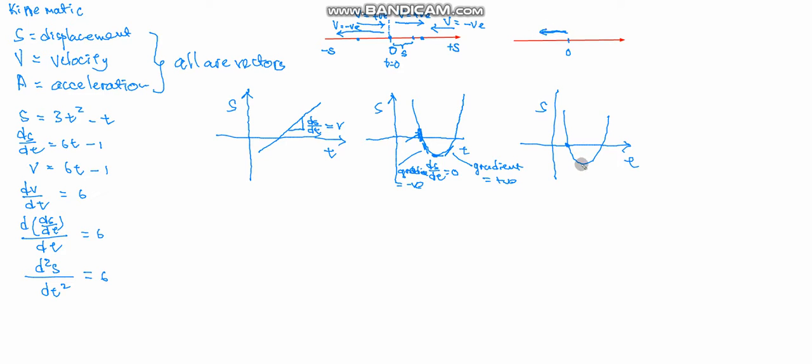Then by the time we reach here, the maximum distance, s becomes less. That means it's coming back again. By the time we reach here, it just passed the 0 point, s goes to 0, and then goes back in this direction.